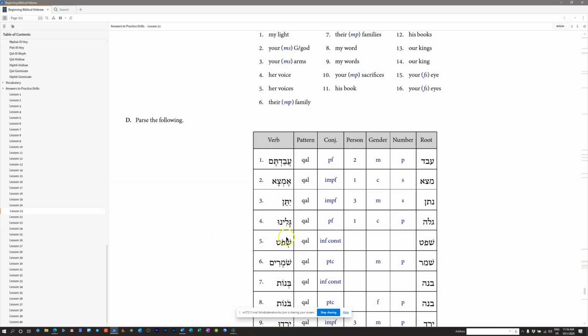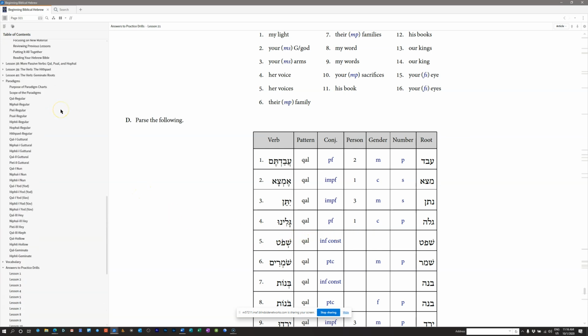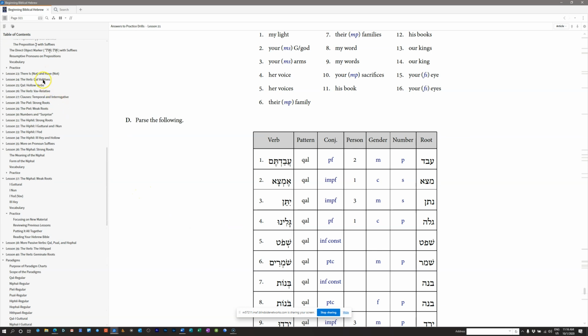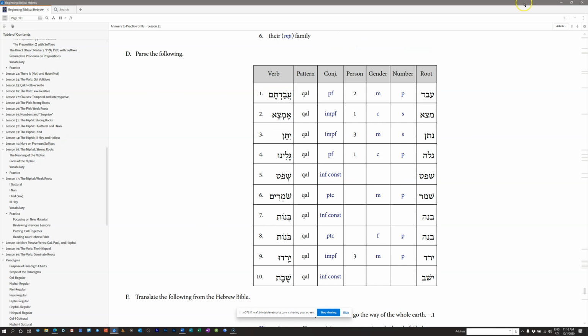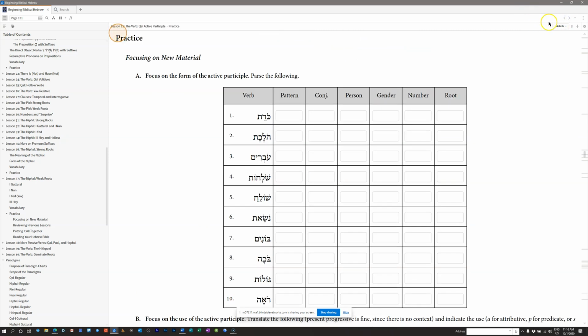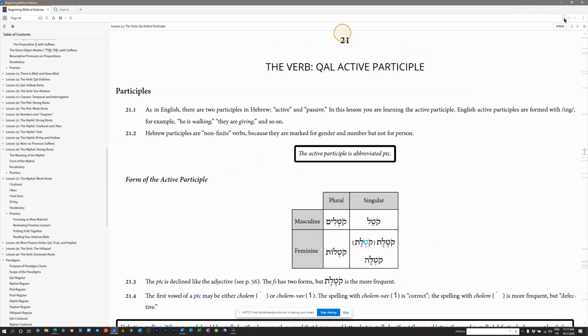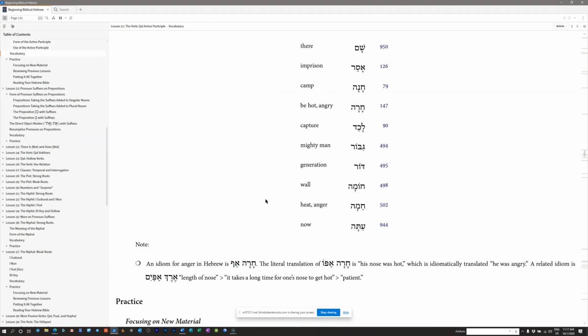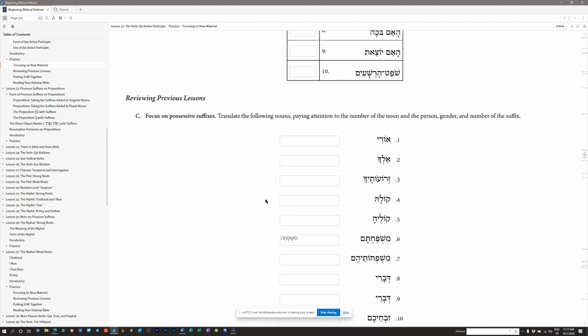I'm not sure why that couldn't be both. Oh, maybe we haven't done imperative yet. Maybe that's why. Okay. We haven't gotten to the imperative yet. I get confused on what gets covered when, because I'm teaching a first semester Hebrew and a second semester Hebrew at the same time. So, let's see here.